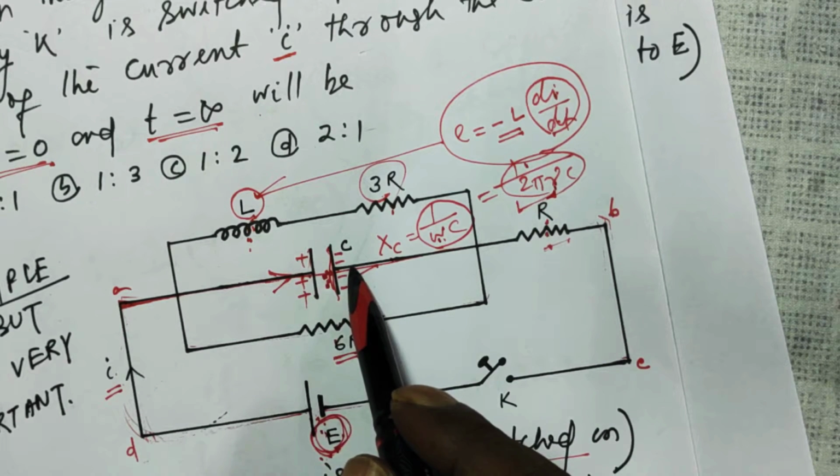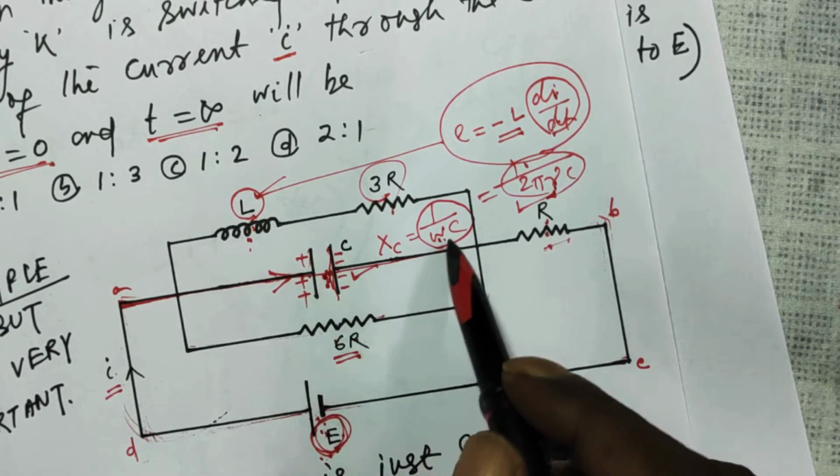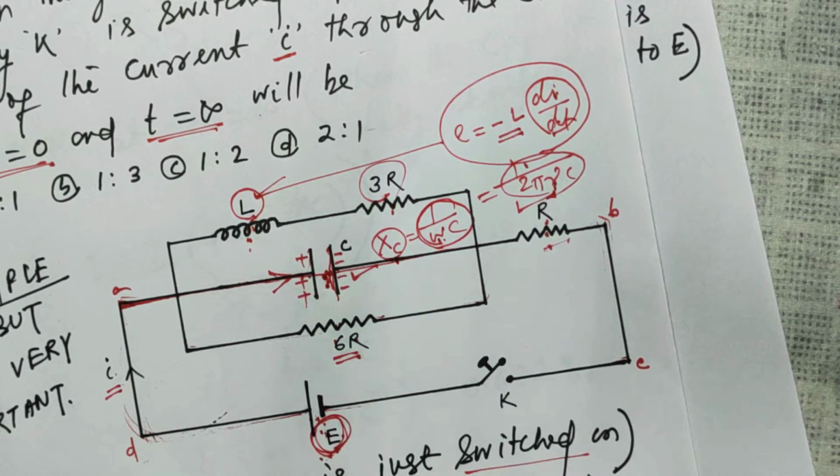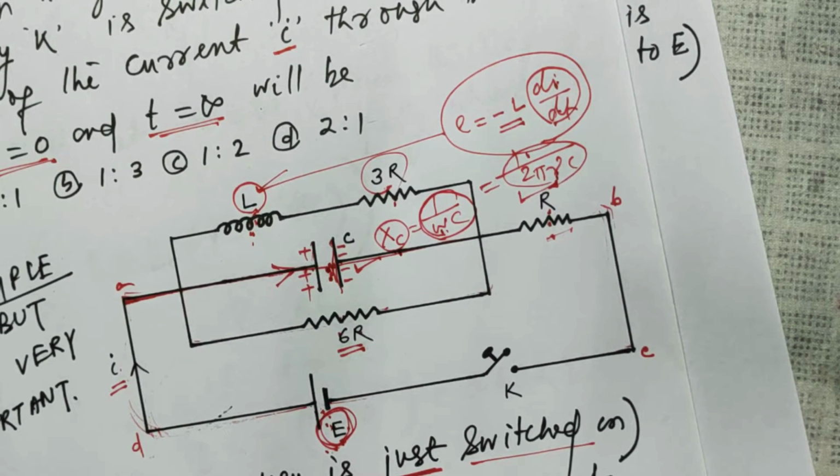So this kind of resistance is there only when it is connected to an alternating source.